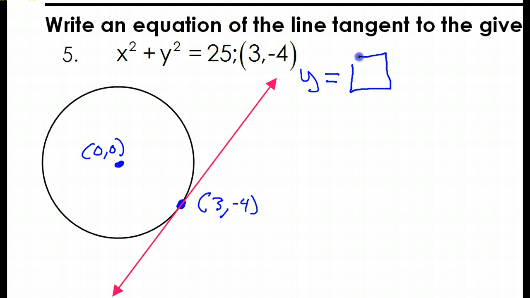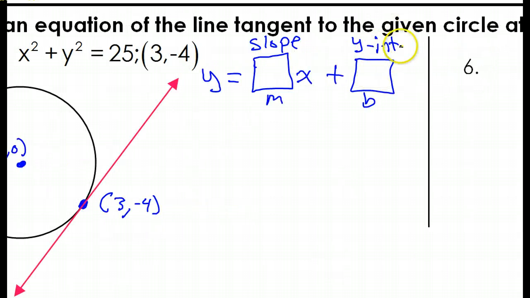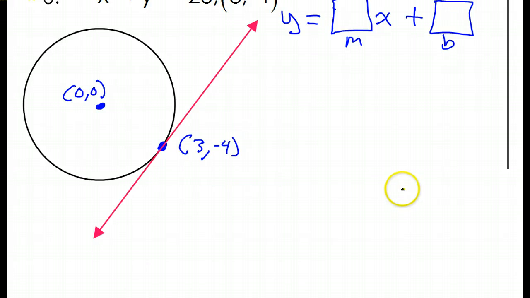So that's going to be like y equals mx plus b, where this is the slope. Okay, like this is m and b. This is the slope and this is the y-intercept. Anyway, so this is what we're supposed to do. And so we need to find the slope of this line, the tangent, and the y-intercept, the b value. So we're going to do both of those things in order.